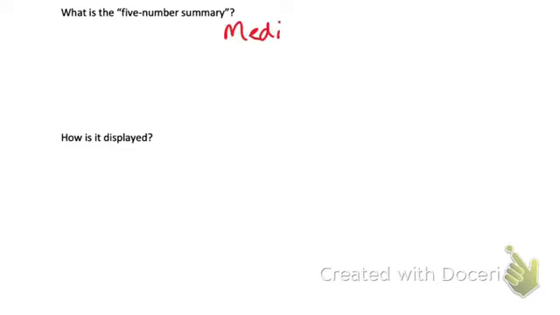The mean is not one of them. So is it minimum, quartile 1, median, quartile 3, and max? There it is. There is the 5-number summary, ladies and gentlemen.